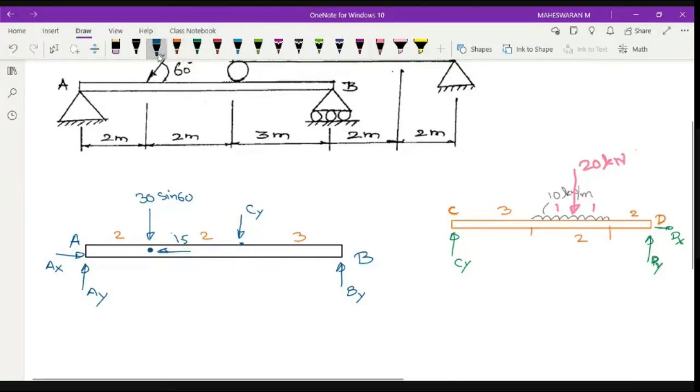When you look here, 1, 2, 3, 4 unknowns. It has 4 unknowns in this particular beam, whereas here you have only 3 unknowns, right? So the best way is to solve this one first. Then you have to proceed with the other one. Okay, right. So let me solve this one.